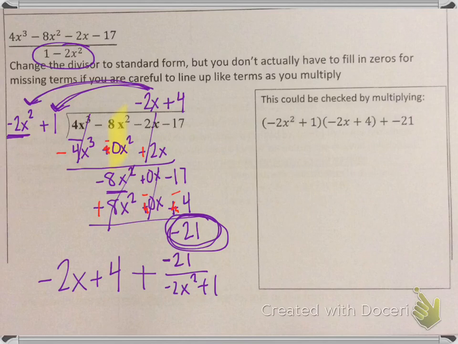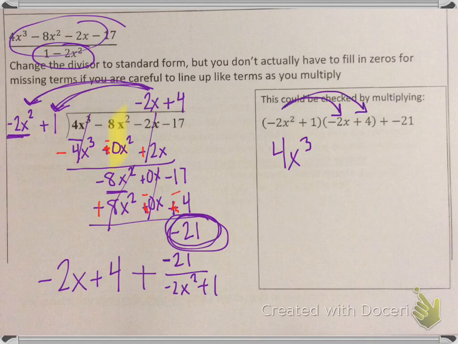Let's see. So, you could check your answer by multiplying. Take the original divisor, multiply it by your answer, and add your remainder, and you should get the original dividend up there. So let's see. Negative 2x squared times negative 2x is 4x cubed.